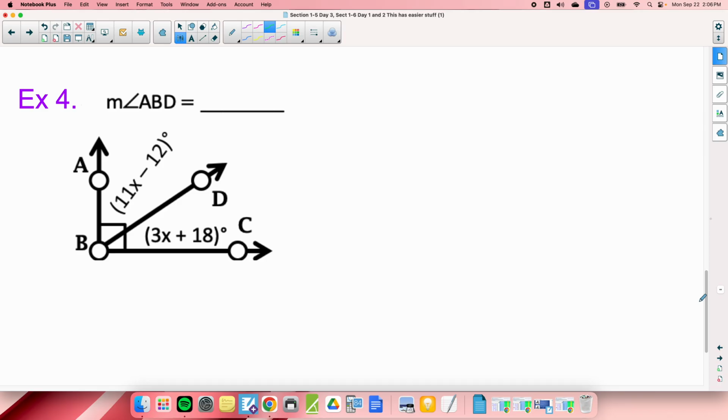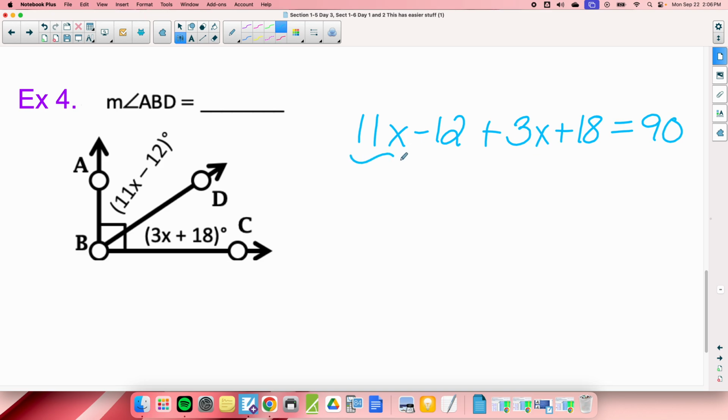So I could go 11x minus 12 plus 3x plus 18 equals 90. What is 11x plus 3x? 14x. What is negative 12 plus 18? 6. Very good. And that equals 90.